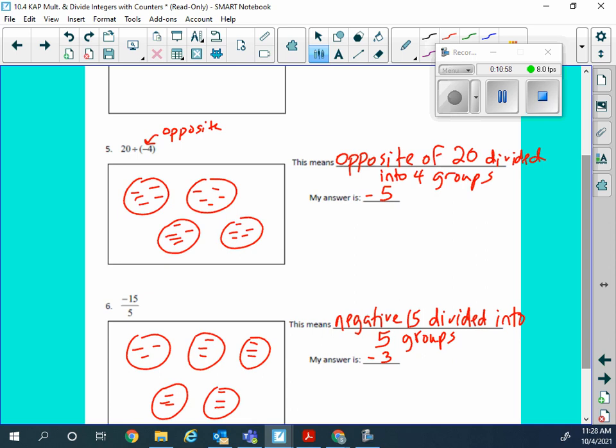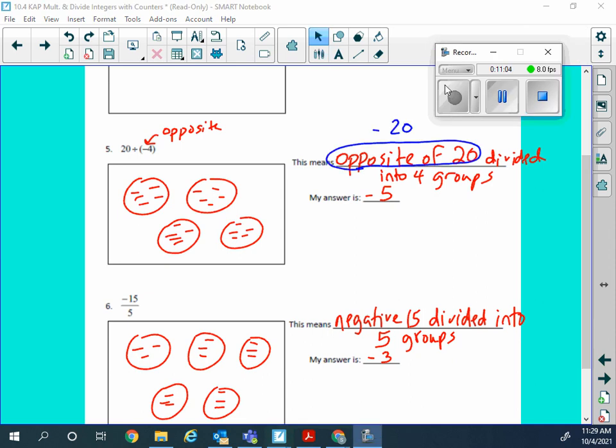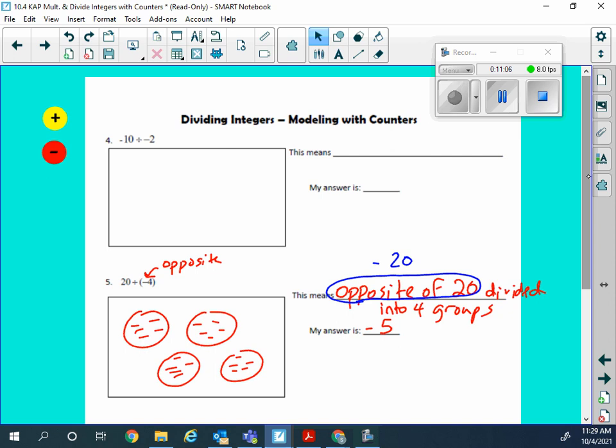Okay, now let's look at this one. Negative 10 divided by negative 2. Well, when you start trying to say it, you say negative 10 divided into 2 negative groups. That doesn't work, right? Yep. So what do you have to say?